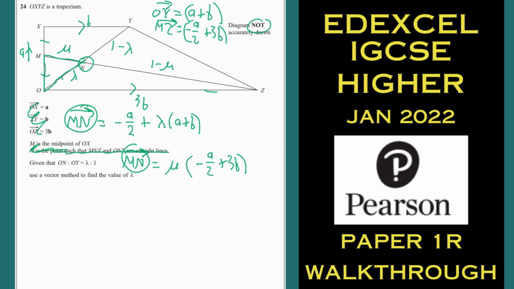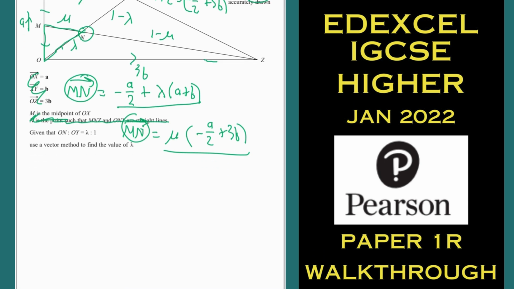These must be equal, which means these must be equal. And the method of comparing coefficients says if that's the case, then the coefficient of A must be equal as well. What does that mean? It means the numbers next to the A's here, so that's minus a half, and here, if we expanded it, it would just be lambda, because lambda is a number, we just don't know it.